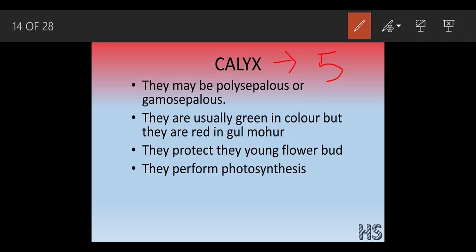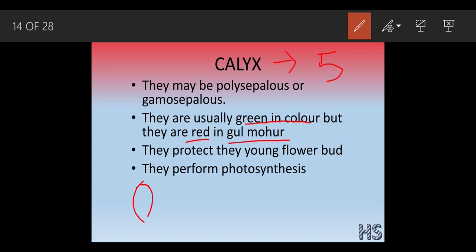As I already said, they are usually green in color, but in the case of gulmohar, it is red in color. It's an exception. They protect the young flower bud. When the flower is not mature, the calyx is somewhat like this.